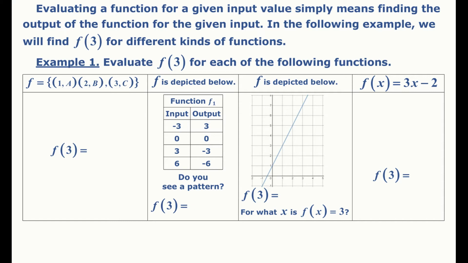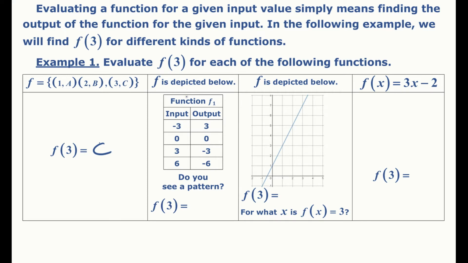So we look for the ordered pair with the input location being 3. Notice each of these ordered pairs is in the form of input comma output, right? So this is the ordered pair where the input is 3. We can see the output of this function will be C.